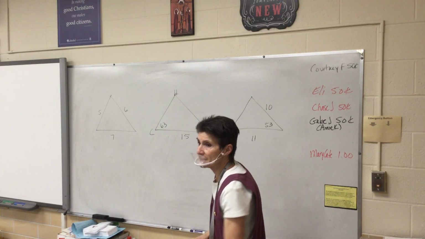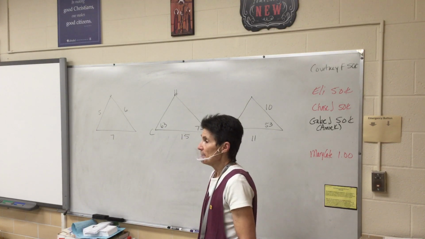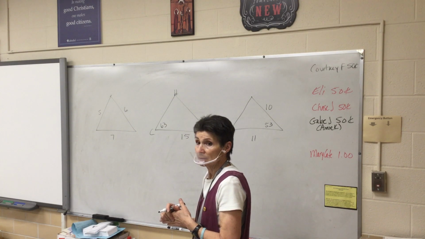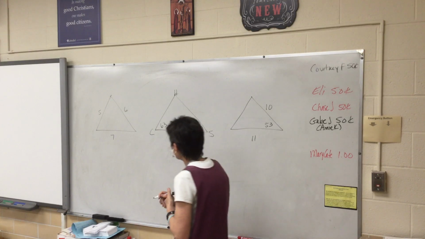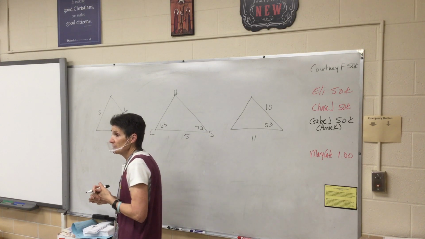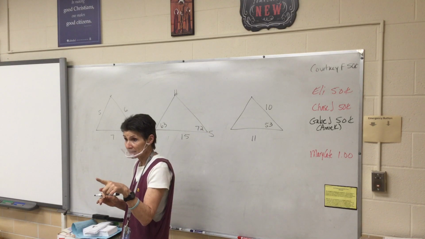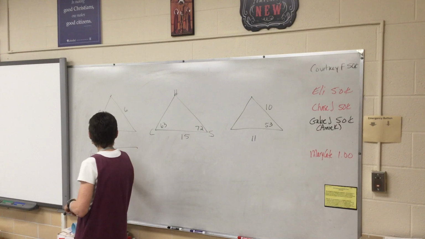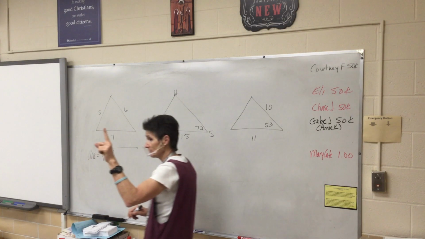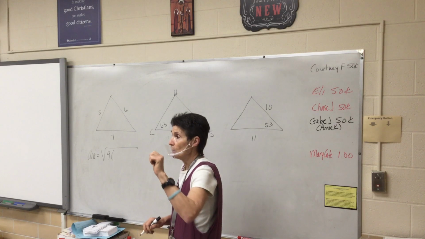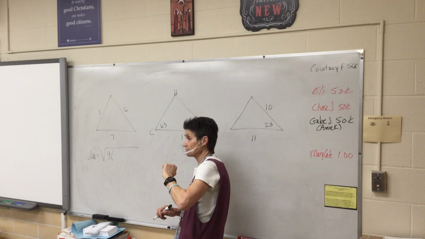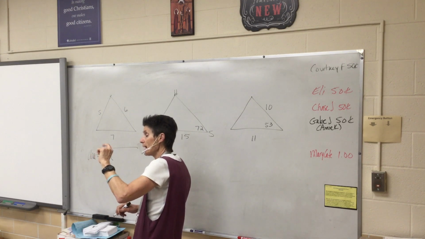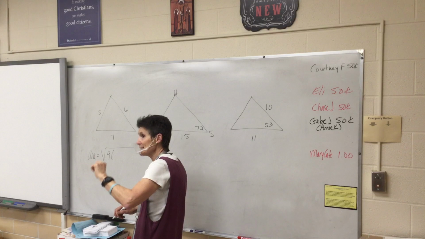Would you call the first one easy or hard? Easy. Because it's just going to be a straight application of Hero's formula, right? So we're going to add up the sides. What do we get when I add up the sides? 9. Well, I get 18, but half of that is 9. So when I do my area, it's going to be the square root of 9. That's the starting number. Because I start with half the perimeter. Right? Then I take the semi-perimeter minus each side.